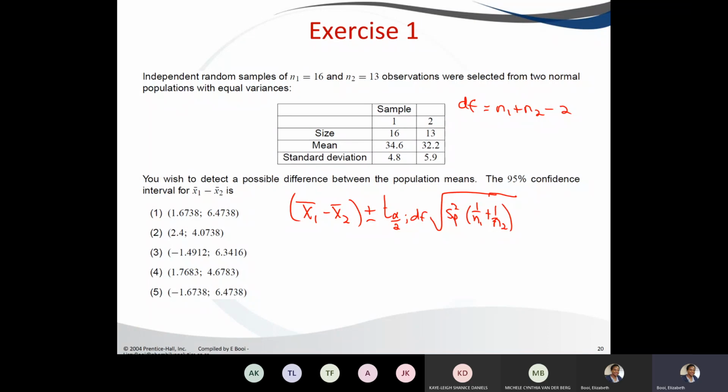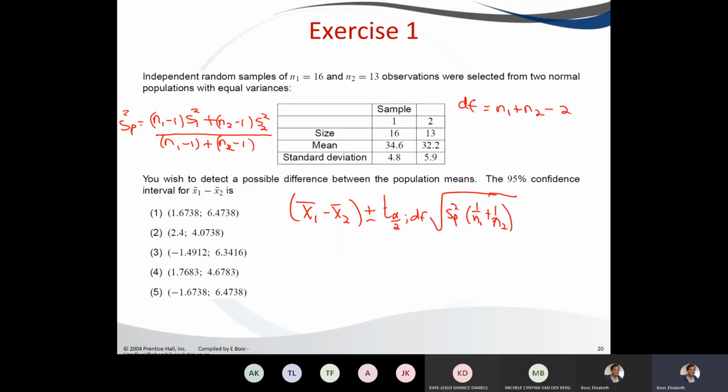And what else? Your pooled variance, your S squared pooled, is N1 minus 1 S1 squared plus N2 minus 1 S2 squared divided by N1 minus 1 plus N2 minus 1, and you can come here and substitute.